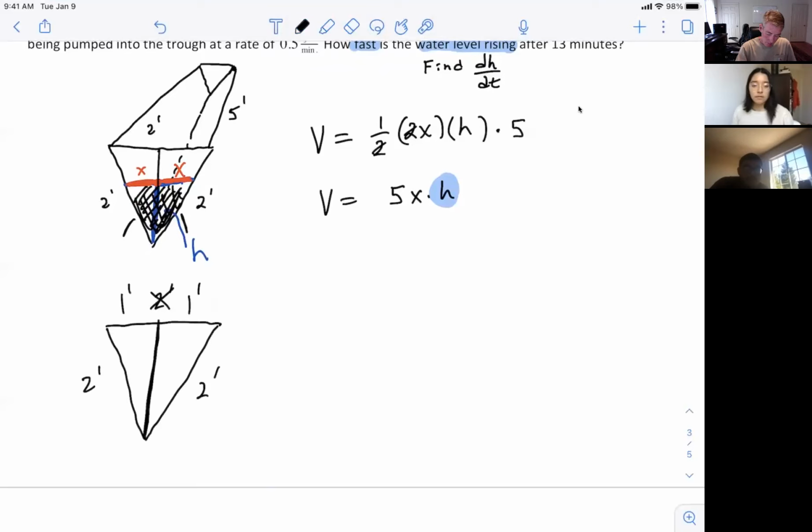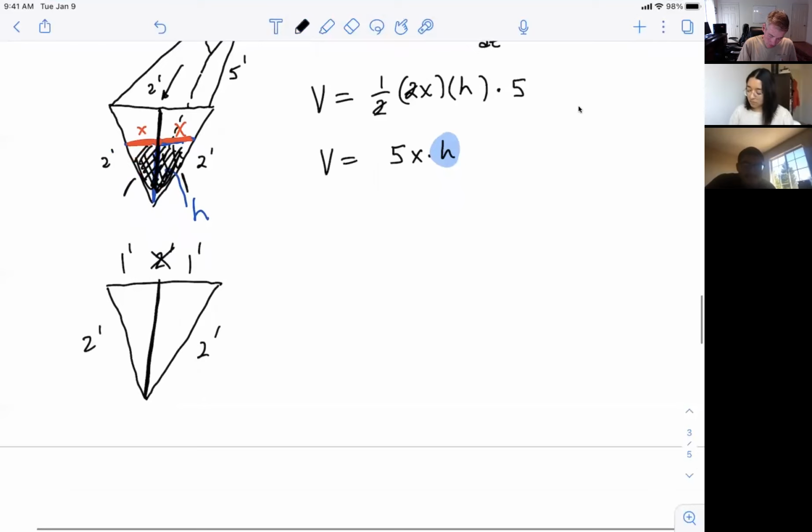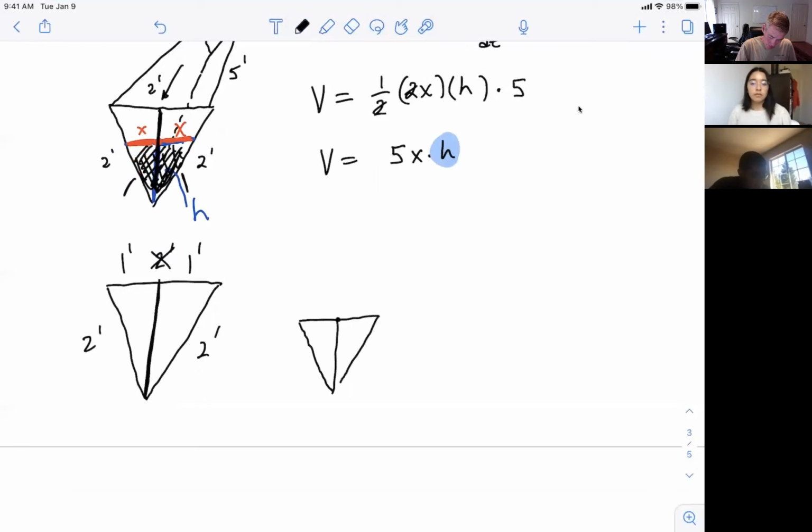So that's basically splitting it right here, right there. And then if you look at where the red X is, well, that's a triangle that goes like this. So it's basically just a smaller version of the 2 by 2 by 2. But this one has X and X on the top. And it has H for its height.